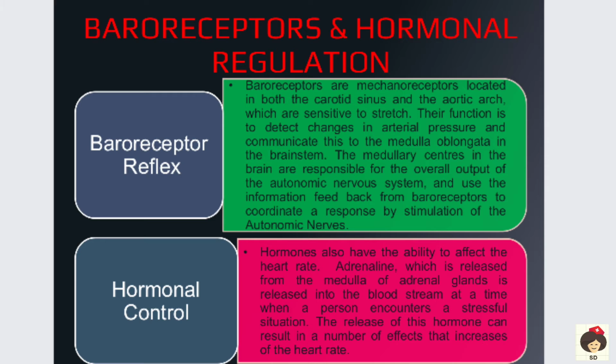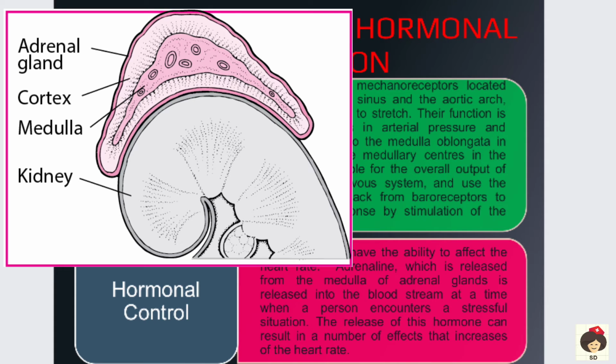And finally, hormonal control. Hormonal control is done by a hormone called adrenaline, which is produced from the medulla of the adrenal glands. You know adrenal glands have two parts. One is the cortex, that is the outer portion, and the inner portion is called the medulla.